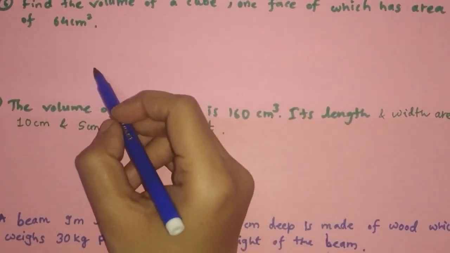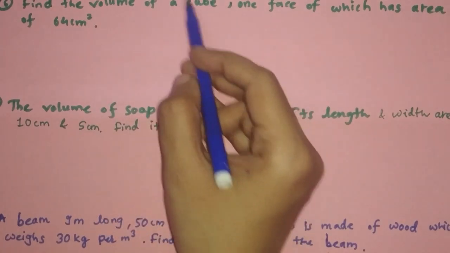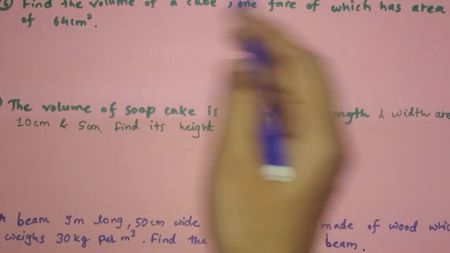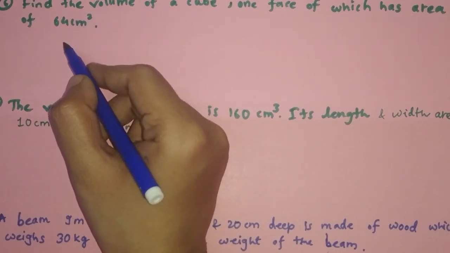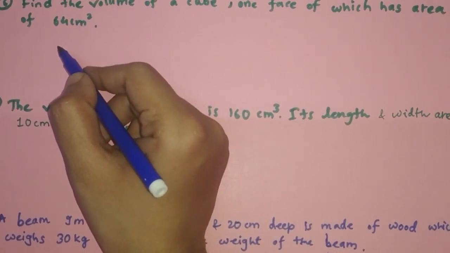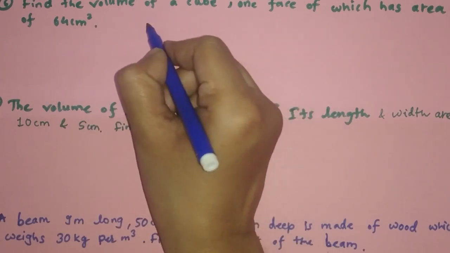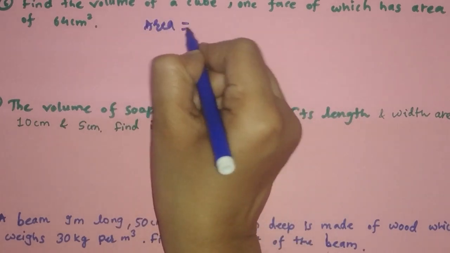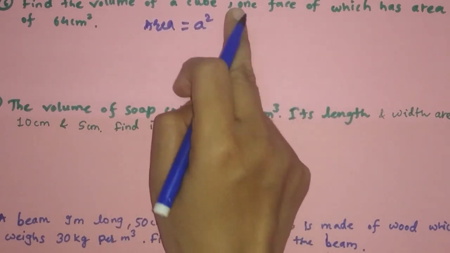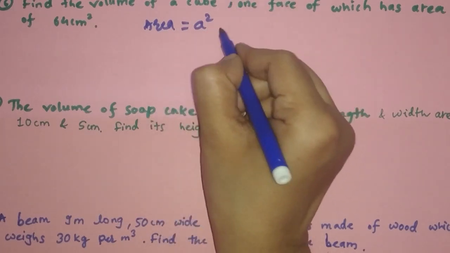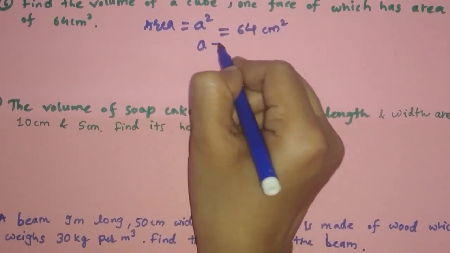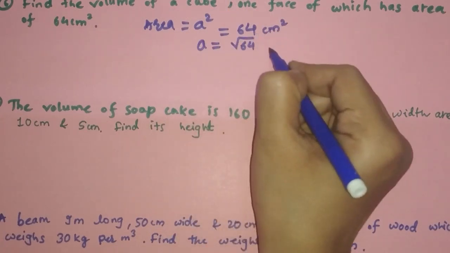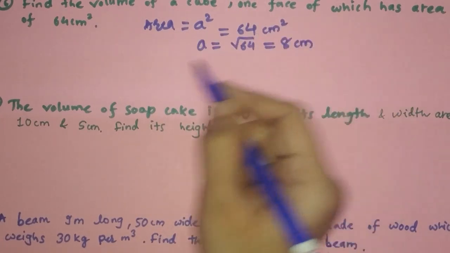Now the next question is, find the volume of a cube, one face of which has area 64 centimeter square. We know, friends, that in a cube all the faces are equal, and its area is given as a square, which is nothing but 64. So we can find a is equal to square root of 64, which is nothing but 8 centimeter.